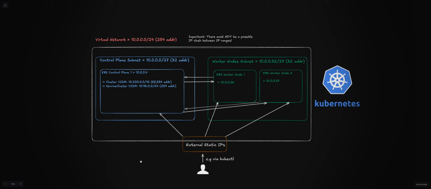All right, so as you can see here, we have a virtual network containing all our different components. For example, our control plane subnet on the left with 32 possible IP addresses and a worker node subnet on the right with, again, 32 possible IP addresses.